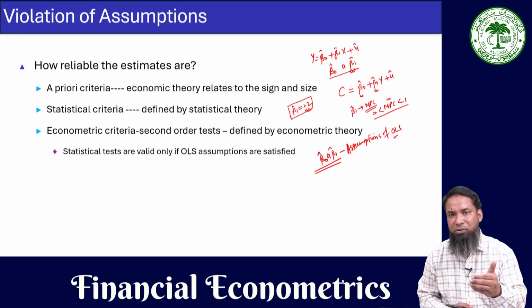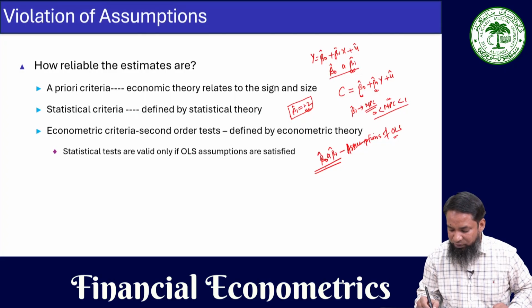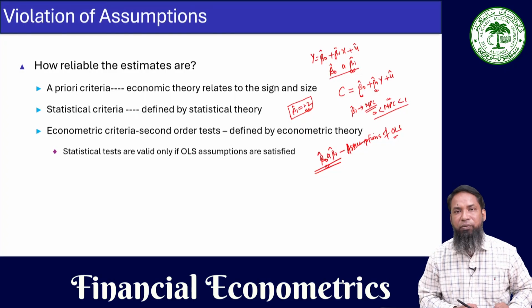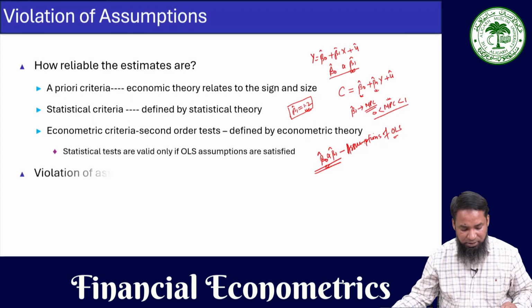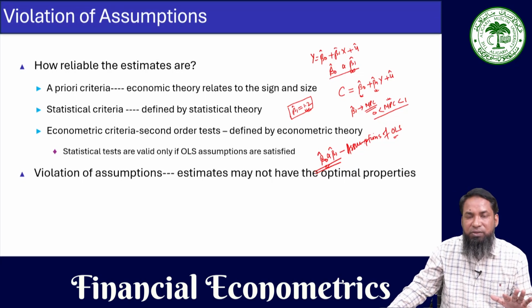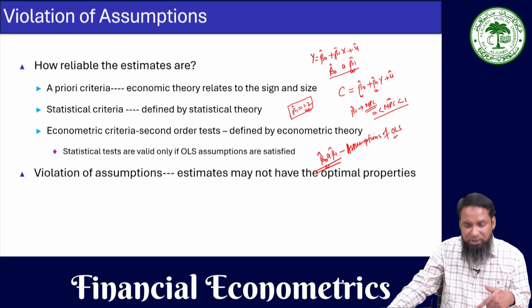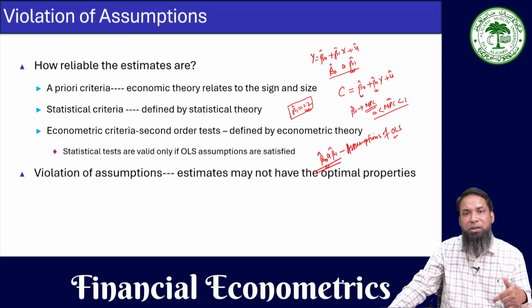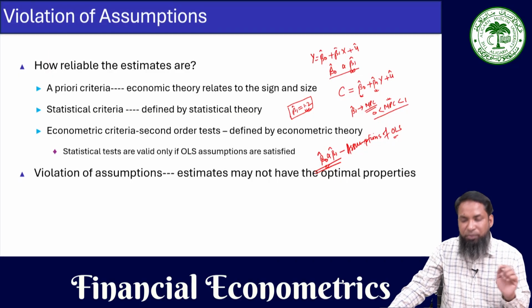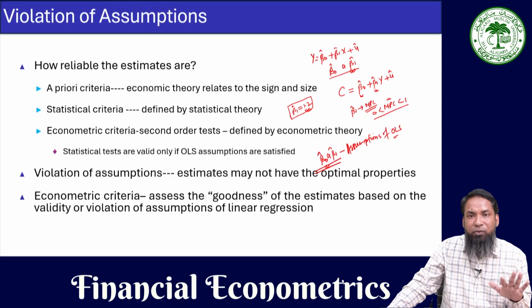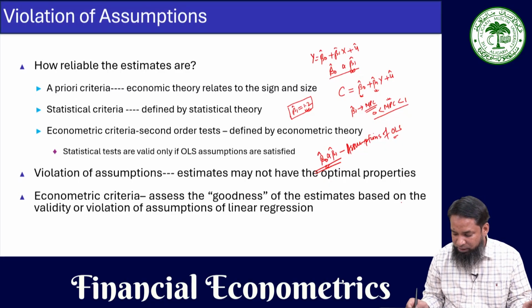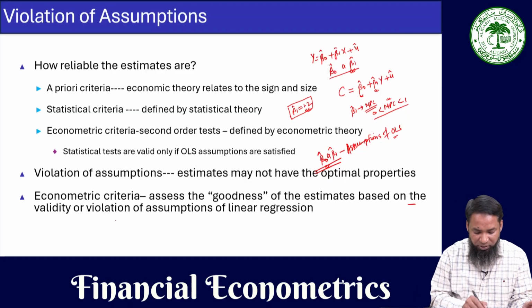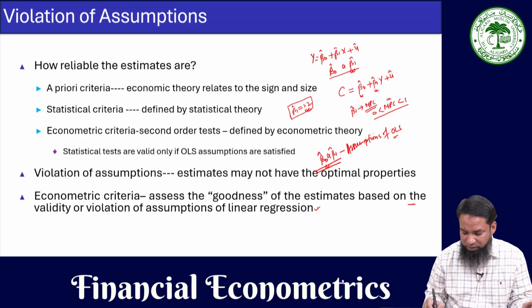If those assumptions are not satisfied, then the properties of beta 0 hat and beta 1 hat, for example the variance and the mean, may not be optimal, and the statistical theory may not hold. So if there is a violation of assumptions, the estimates may not have the optimal property. Therefore, this econometric criteria assesses the goodness of the estimates based on the validity of the assumptions of linear regression.